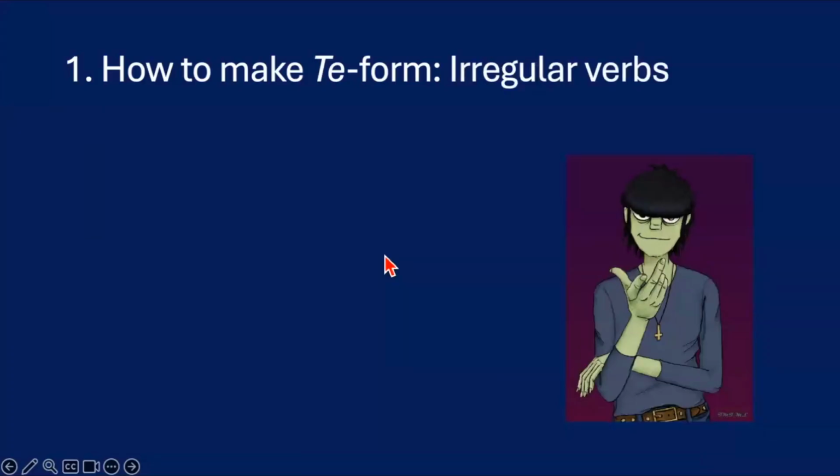And the third category of verbs is irregular verbs. There are only two. It's suru, to do, and kuru, to come. So suru will be, te form is shite, shite. So if you remember the masu form of suru, it's shimasu. So that's still here.